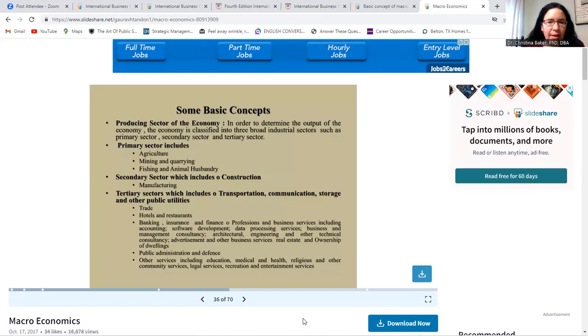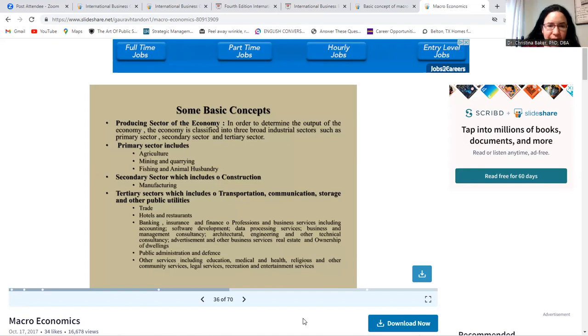Trade, hotels and restaurants, banking, insurance, and finance, professions and business services, including accounting, software development, data processing services, business and management consultancy, architecture, engineering and other technical consultancy, advertisement, business services, real estate, and ownership of dwellings.